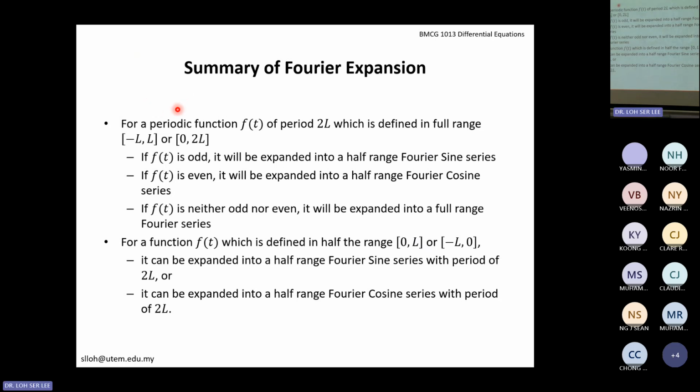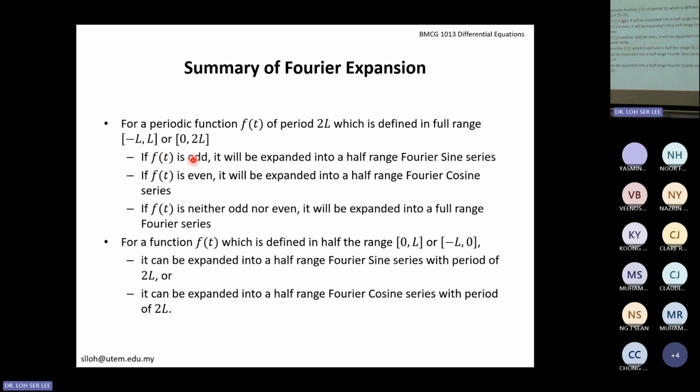If you are given a periodic function with period of 2L, where it is defined in full range, either negative L to L or 0 to 2L, then we will look at whether the ft is odd or even.